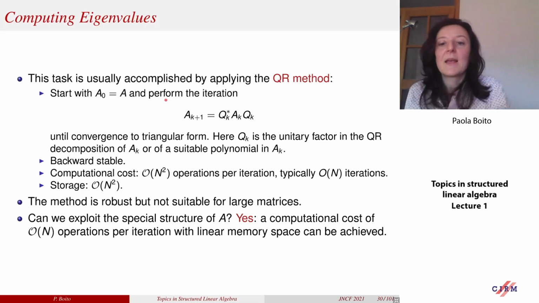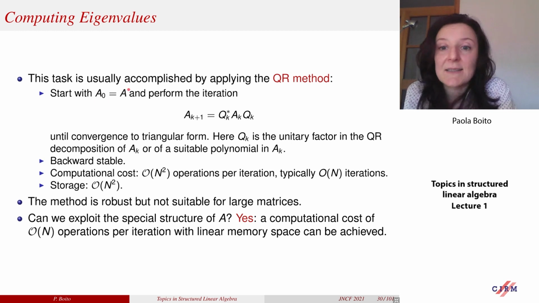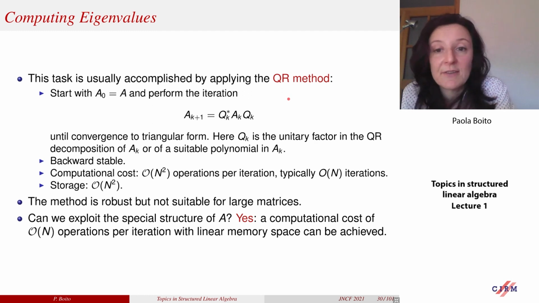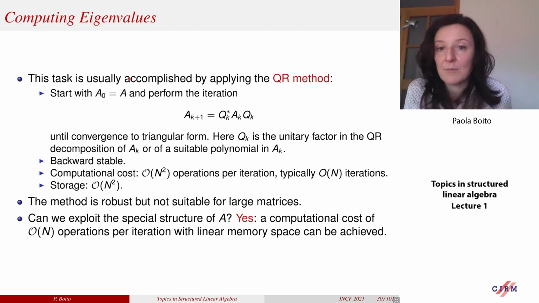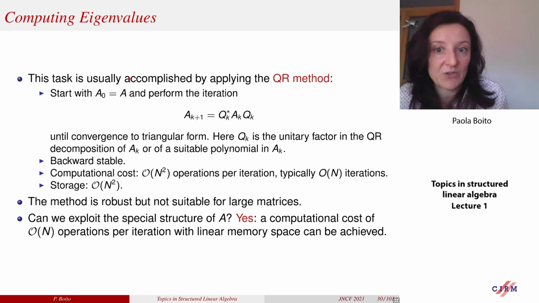The way this is usually done is through the so-called QR method. The QR method was proposed in the 50s independently by Francis and Kublanovskaya. It's called the QR method because it's related to the QR decomposition. This is a general purpose iterative algorithm for computing eigenvalues of a matrix.